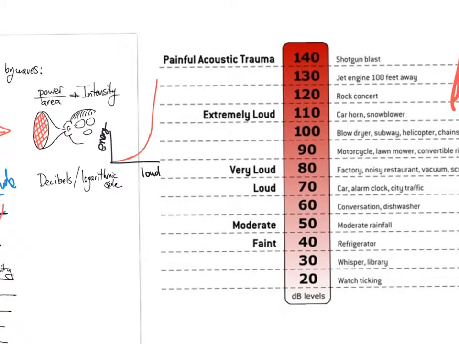So when we talk about painful acoustic trauma, well, rock concert, a little bit less than that. Here we are jamming out, and it sounds pretty loud, but who cares, right? And then something just super soft, a watch ticking, or whispering in the library, leaves rustling is what is sometimes described here for really small, like 10 or 20 decibels.